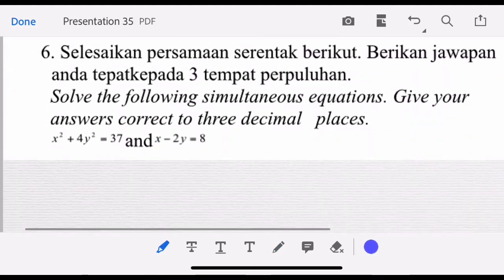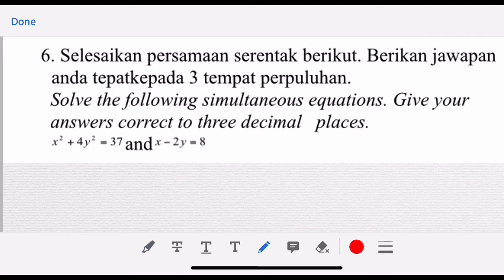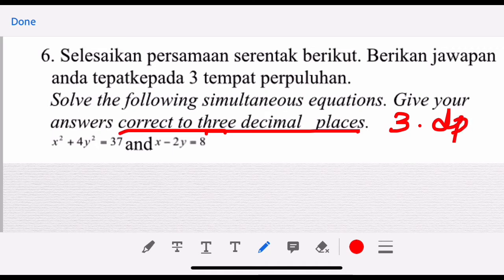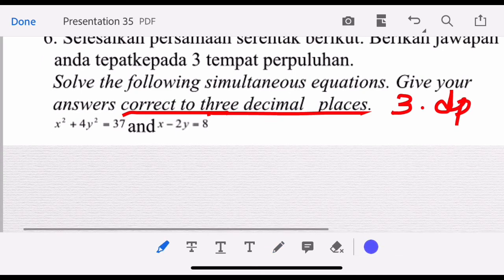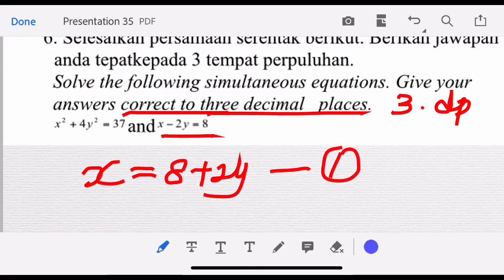For question number 6, you're asked to solve the simultaneous equations, and the instructions say correct to 3 decimal places. Be careful. So we are going to start from the linear equation. X is 8 plus 2y. So I'm going to substitute 1 into 2.